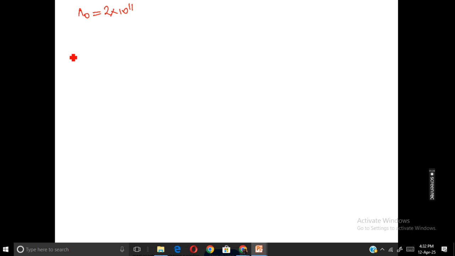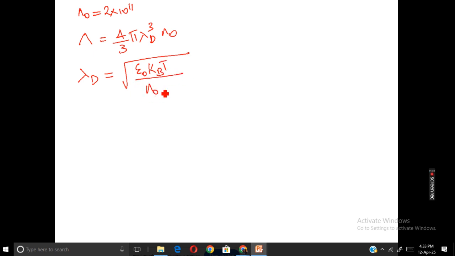Now if you want to calculate the plasma parameter, which is given by 4 by 3 pi lambda d cube into n0, we need to find lambda d first.